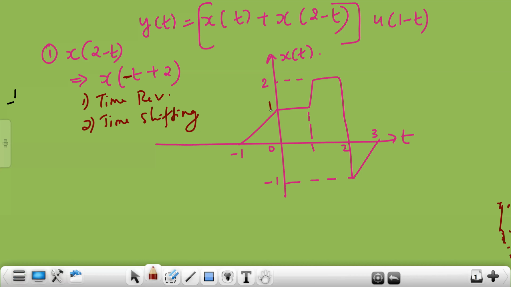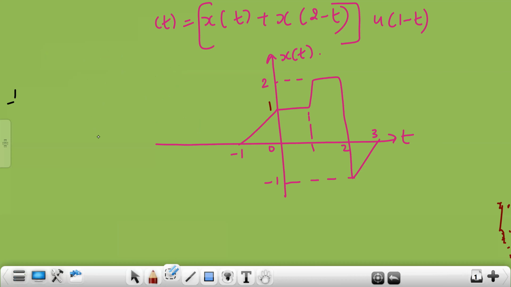So without changing the amplitude on the y-axis, we take the mirror image and plot x of minus t.